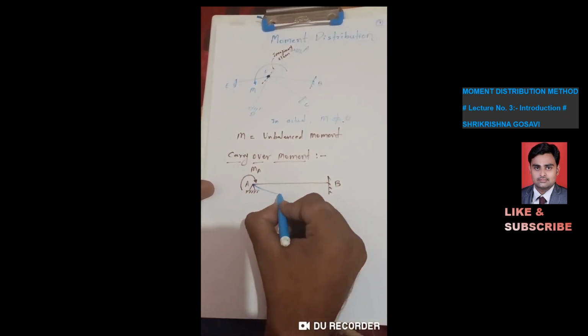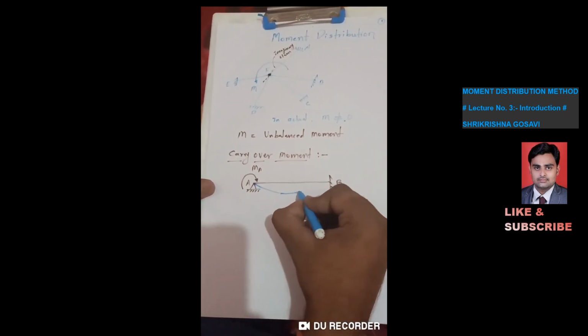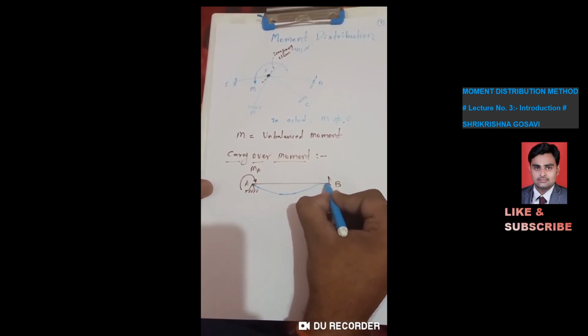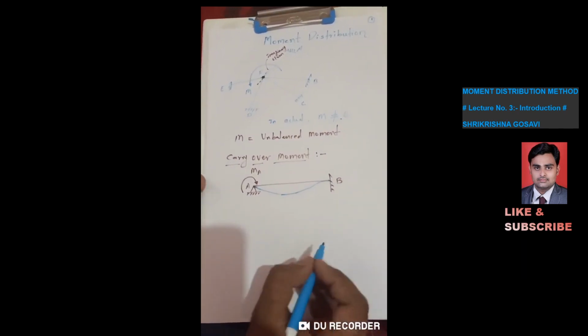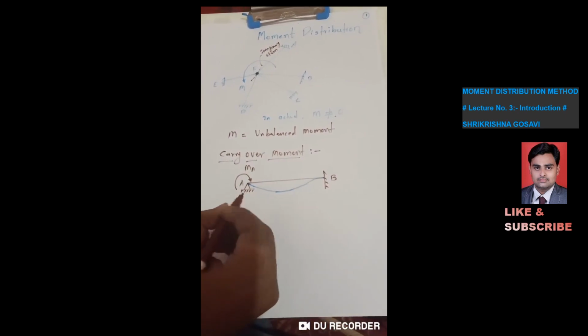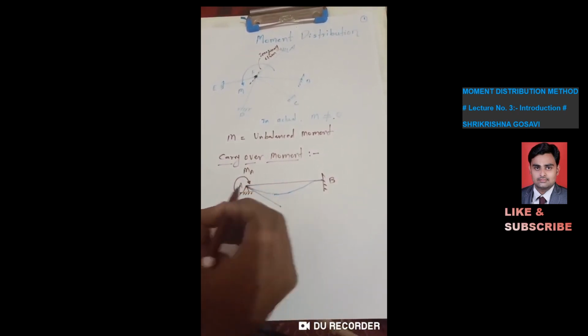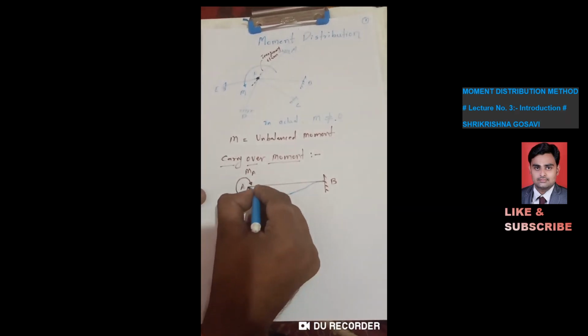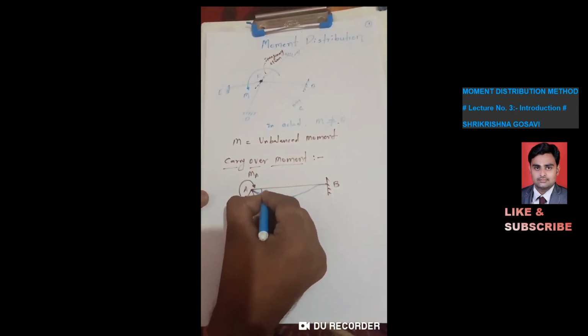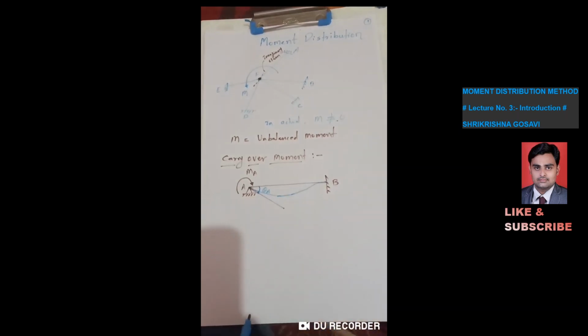This is the deflected profile, or we call this the elastic curve, as we have seen in the previous chapters. Now suppose at point A, if I draw the tangent, the angle between the horizontal and the tangent, we know that this angle is theta.